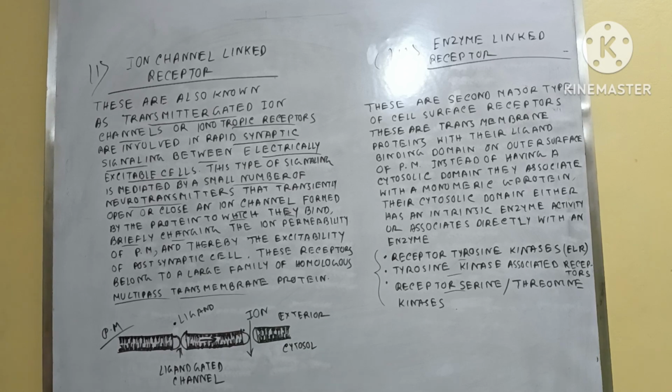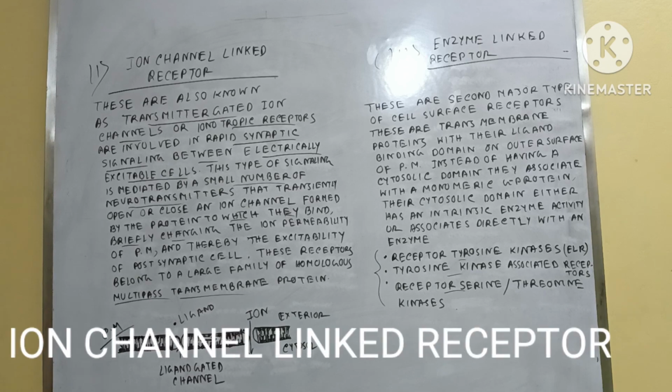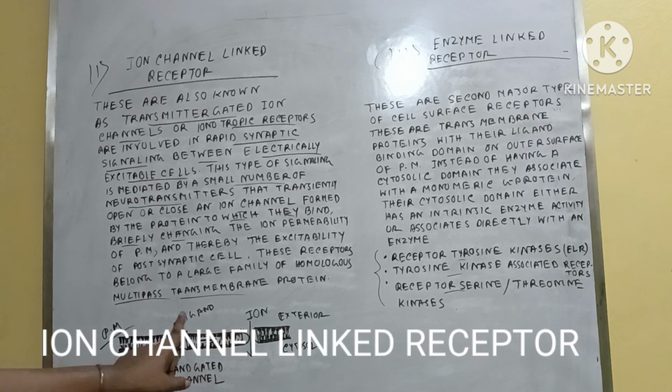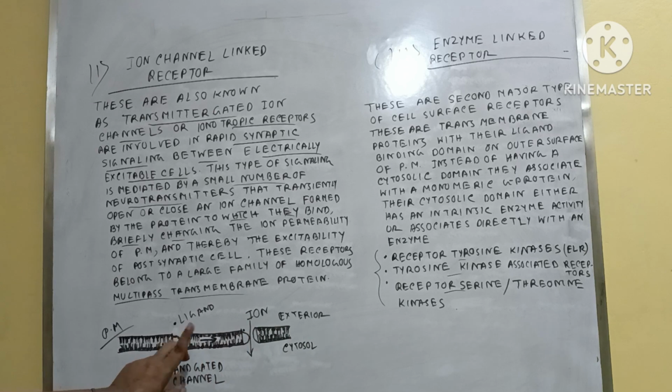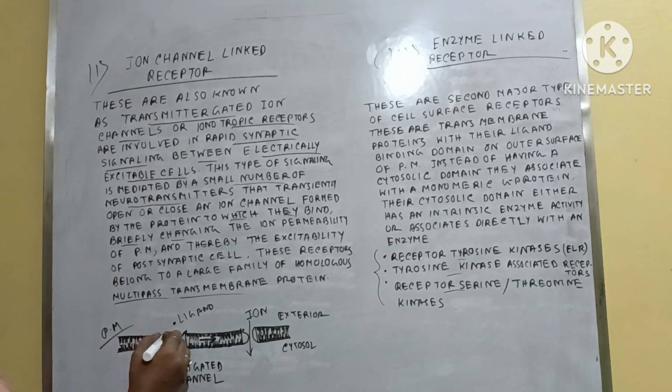What it is saying here is that in this cell signaling process, the transmitters are responsible for opening the channel. This is a brief diagram of how the ion channel opens or remains closed. First, this is the receptor and this is the ligand.